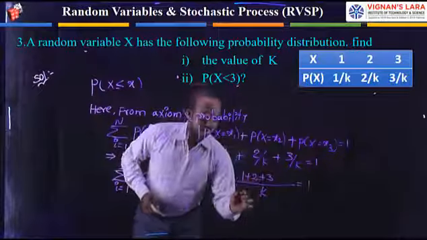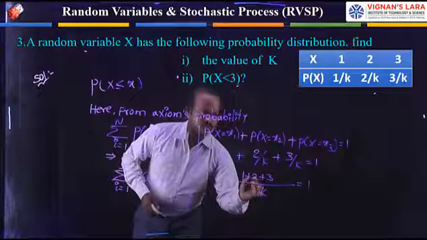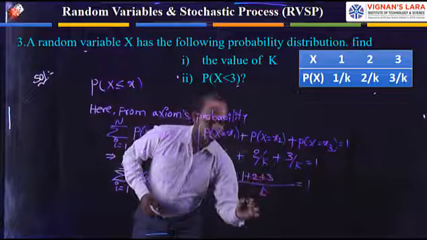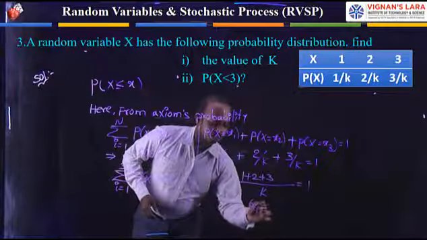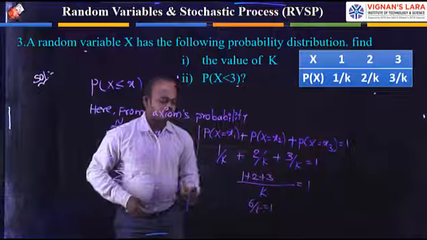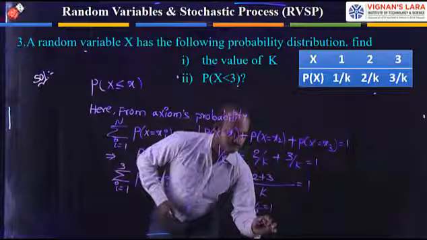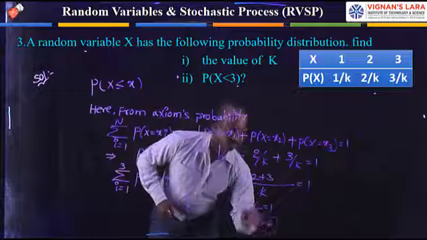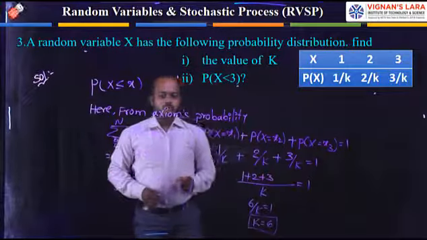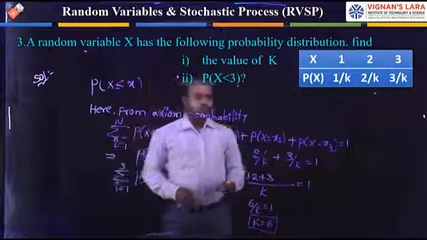Now simplify: 1 plus 2 is 3, plus 3 is a total of 6 by k equal to 1. From this we write the k value: k is equal to 6. This is the first point. Coming to the second one.